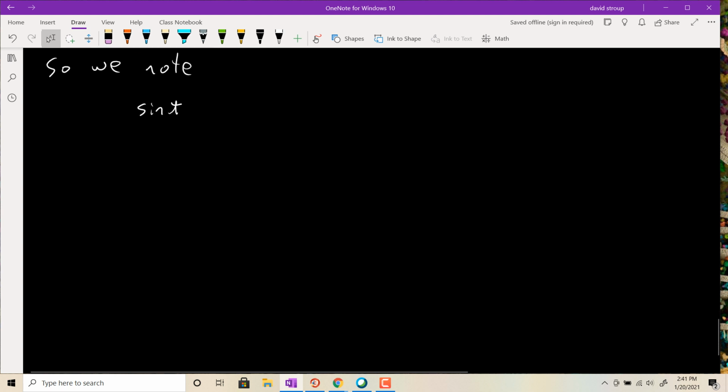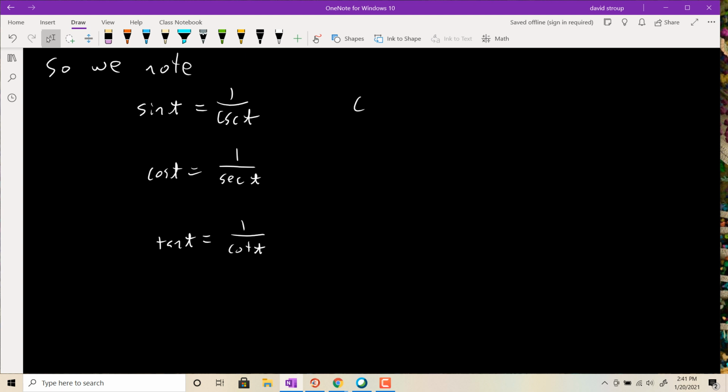So we note all of these things. Sine of t. So first off, sine of t is equal to 1 over cosecant t. Cosine of t is equal to 1 all over secant t. Tan of t is equal to 1 over cotan t. And then cosecant t, of course, is equal to 1 over sine of t. So you kind of see how they relate. Secant t is equal to 1 over cosine t.